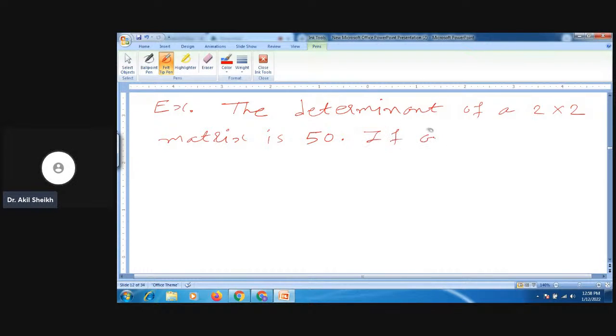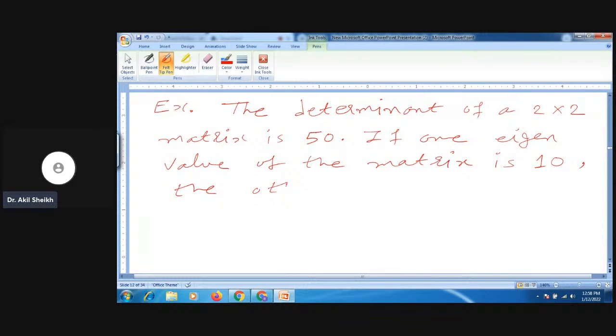If one eigenvalue of the matrix is 10, then the other eigenvalue is?